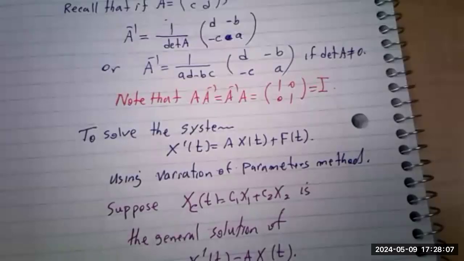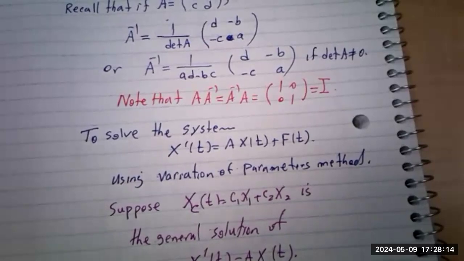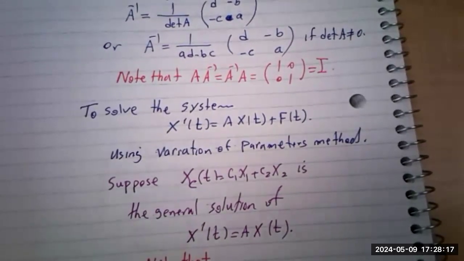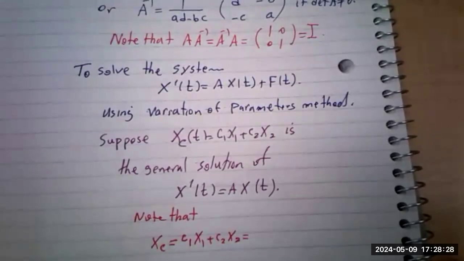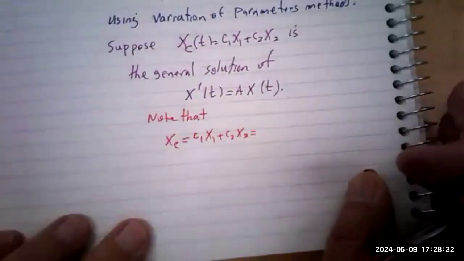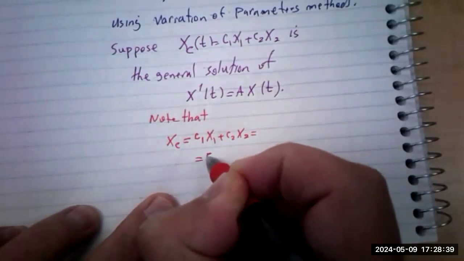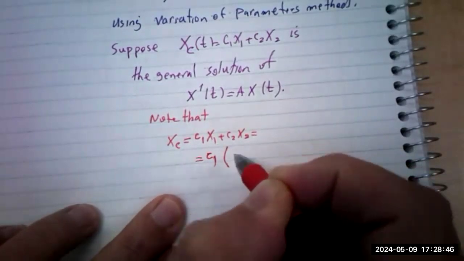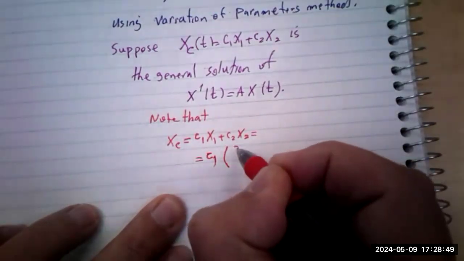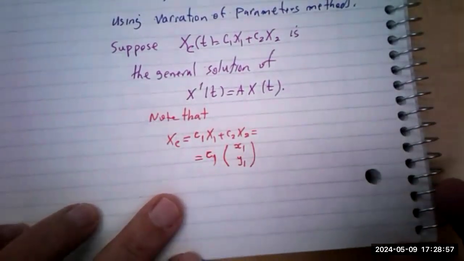But we are going to write this in matrix form. Note that x_c is equal to c1 x1 plus c2 x2. I want to write this in matrix form.